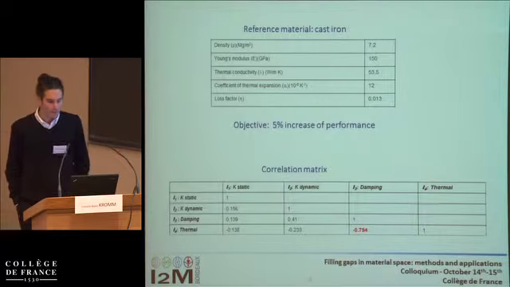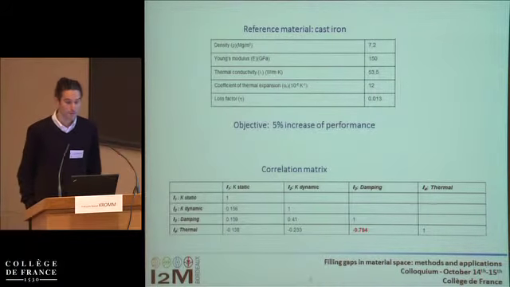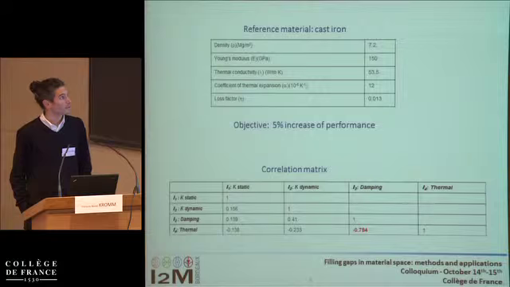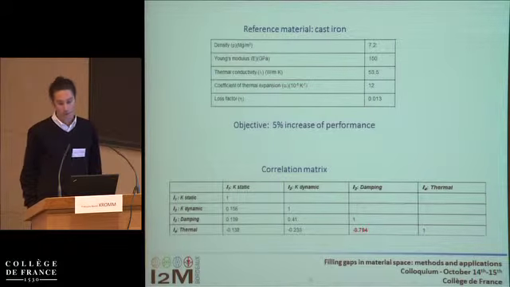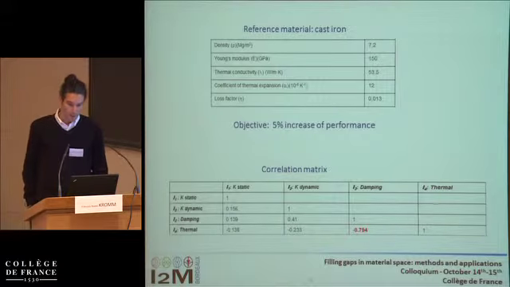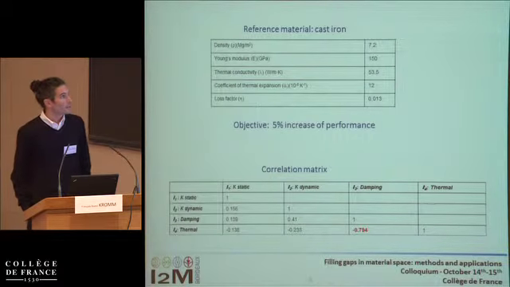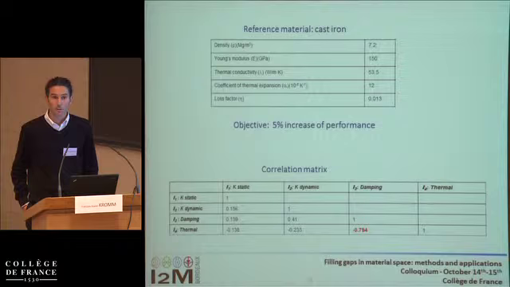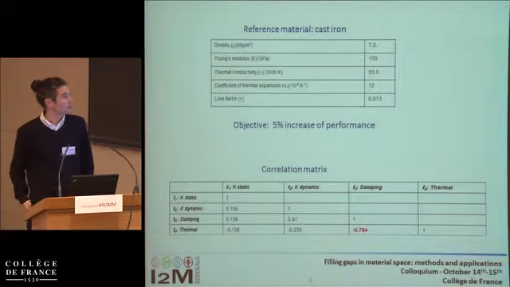The aim of the study was to replace the reference material, which is a cast iron, with an objective of a 5% increase in performance. So the correlation matrix has been calculated for the different combinations of properties for each point of the set of requirements.